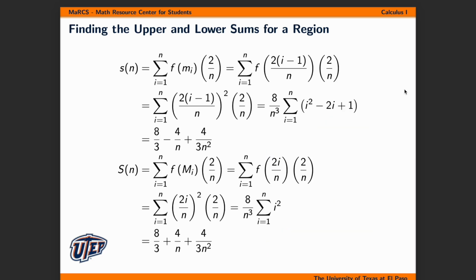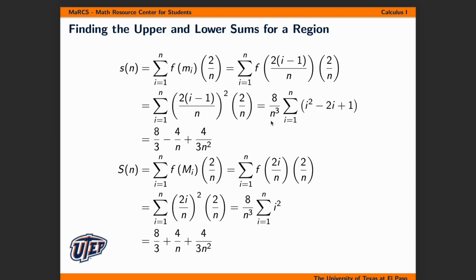We will be evaluating these sums. So for the f of m_i, we just plug in our m_i into our function. So our function was x squared, and m_i, lowercase m_i, was 2 times (i minus 1) divided by n. So this is what we have right here. And we are squaring that because our function is x squared. And then that was the length. Now our width was 2 divided by n, and we're summing from i equals 1 up until n.